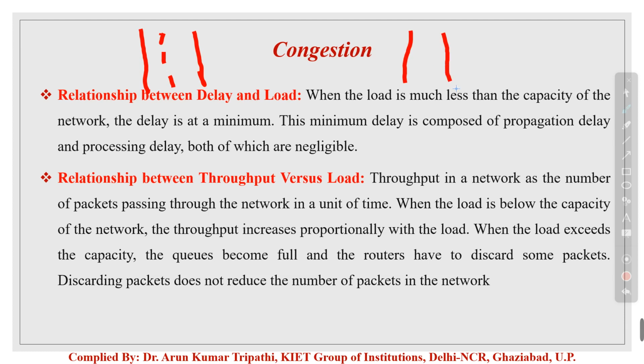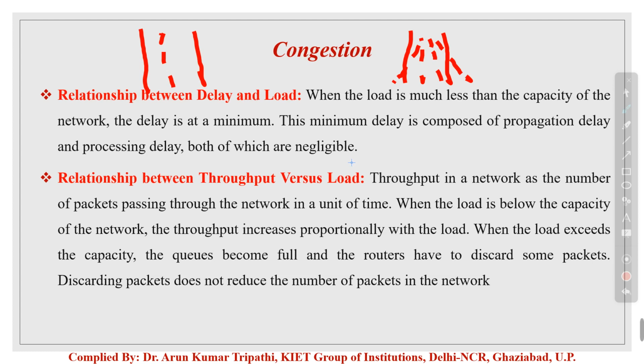But if the number of vehicles is more than the network capacity, or the road can handle, in that case there will be a congestion or there will be a delay. The minimum delay is composed of the propagation delay and processing delay, both of which are negligible.